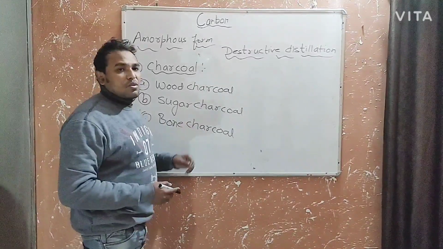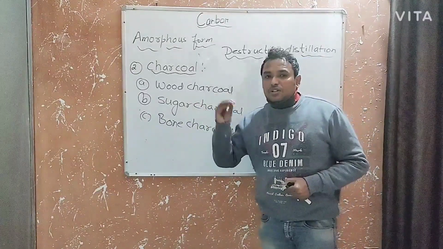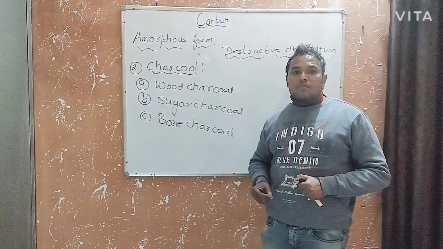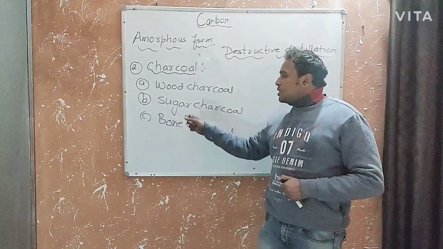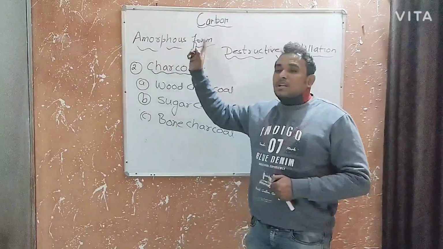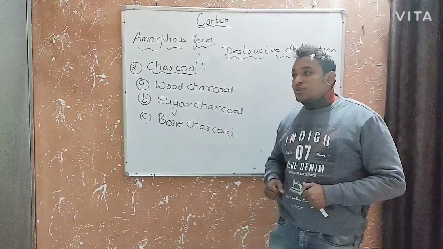For example, wood charcoal is used as a decolorizing agent. It is used in water filtration. Sugar charcoal is the purest form of amorphous carbon. It is used as a decolorizing agent in the sugar industry.